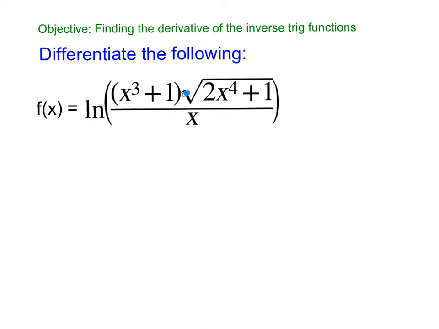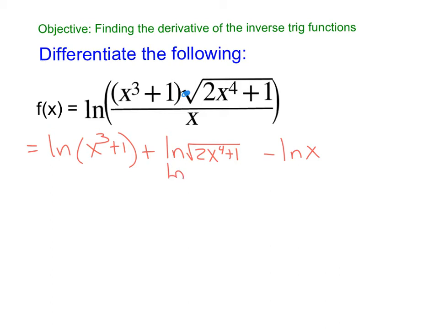So I can rewrite this entire problem as ln of x cubed plus 1 plus ln of the square root of 2x to the 4th plus 1 minus ln of x. And also what I did was I then rewrote this.